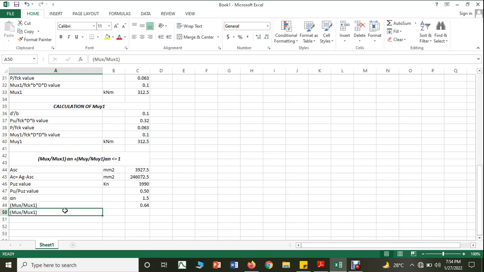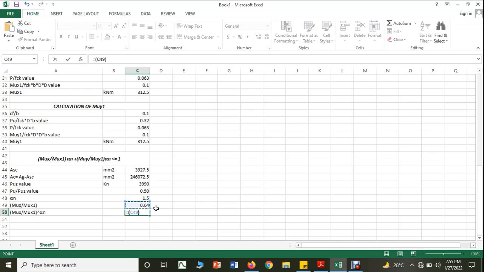So I am supposed to find out 0.64 to the power 1.5, which will give you the value 0.512.